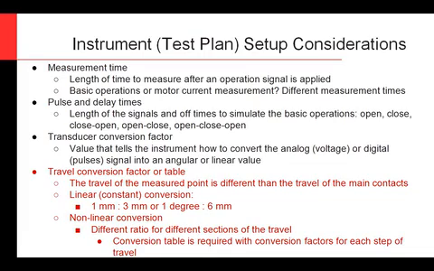And then, or of course, if you have a rotary, you really need to make sure you know how many degrees equate to how many millimeters so you can get your eventual stroke values and velocities in a distance type measurement. And then, of course, where it really gets complicated is when you don't have a linear relationship.